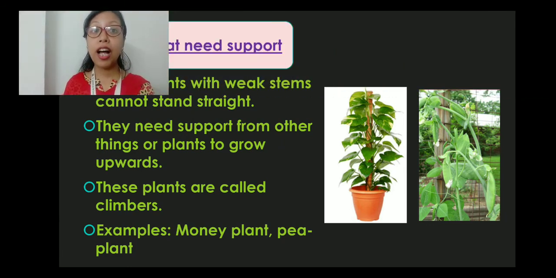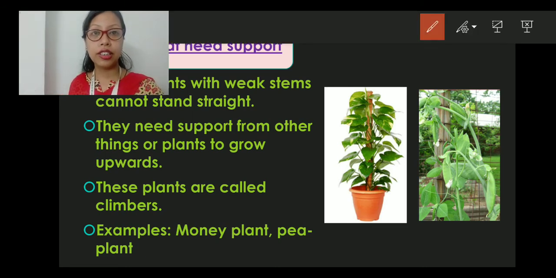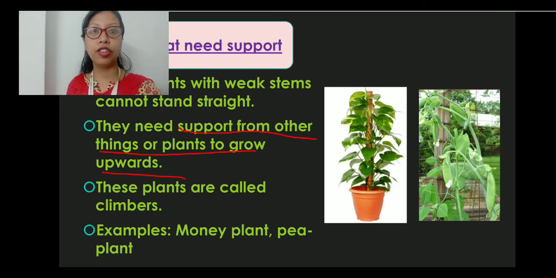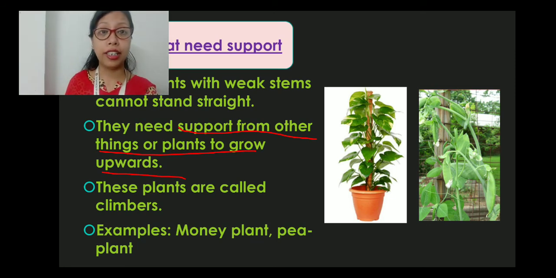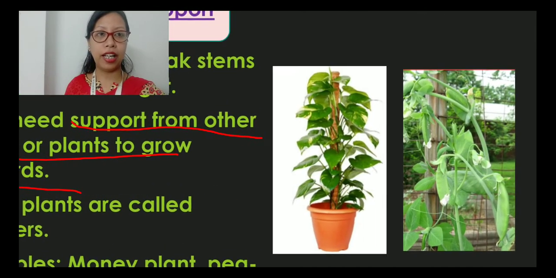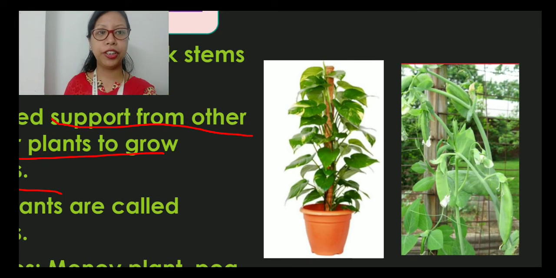So the plants which need support from other things or plants to grow, this is the most important part, okay? You can underline it in your book. So the plants which need support from other things or plants to grow upwards are called climbers. For example, money plant and pea plant. Now just look at the picture here. The first picture is of the money plant.